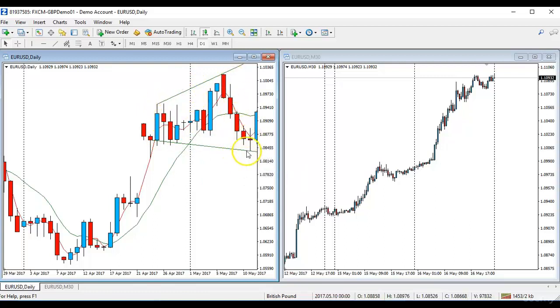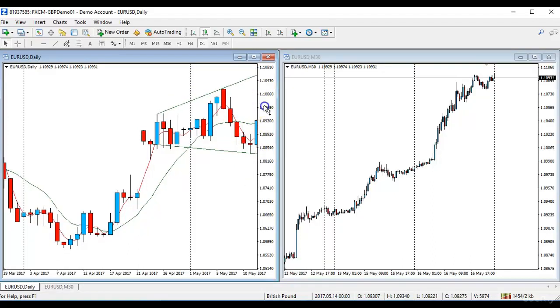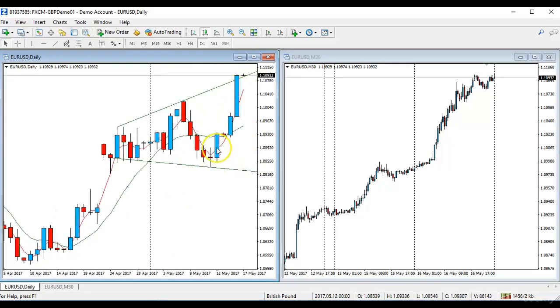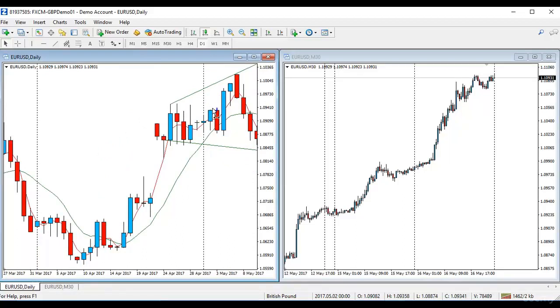So seeing as we know that a megaphone channel has formed, we expect that the next thing is that price is going to bounce off this trend line here and is going to go in a certain direction, which is up. It's predictable.